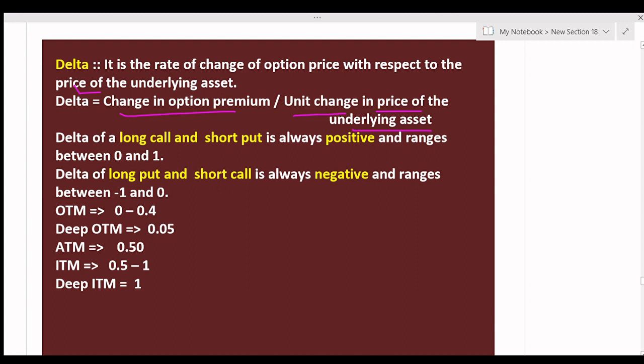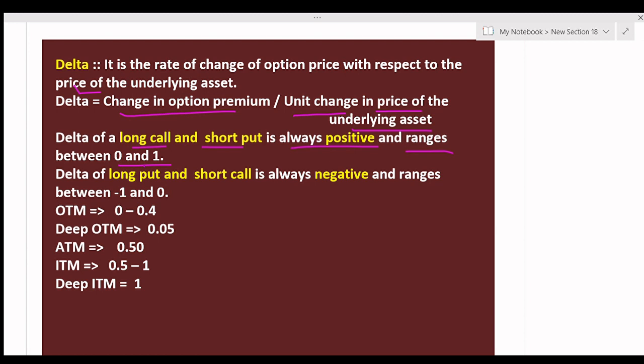Delta of a long call and short put is always positive and ranges between 0 and 1. In a long call and short put, holders want the market price to move upward, that is, they anticipate a bullish market. If the market moves up, the call buyer will gain, and this gain may be unlimited.